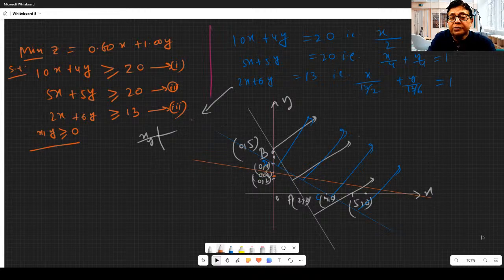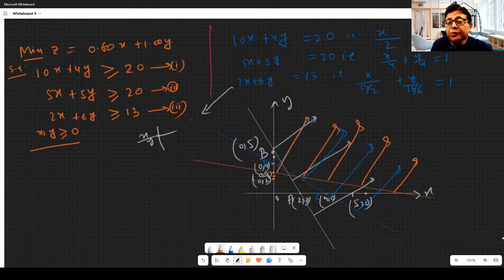Yeah, almost done. And this region is also greater than or equal to, so away from the origin. Now, can't you see that white line, blue line, and this yellow one intersecting at A, B, oh sorry, B is this point.